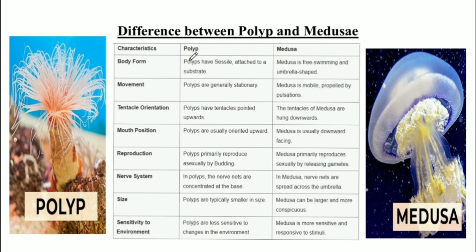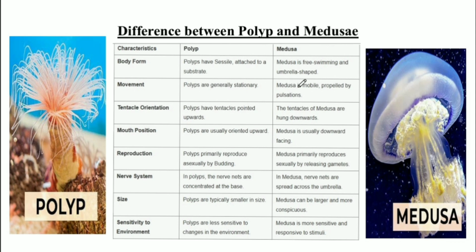The polyps are sessile and they are attached to substratum. However, the medusae are free swimming and they are umbrella shaped, and the polyps are cylindrical. Now movement, obviously polyps can't move because they are sessile, so they are sedentary animals.